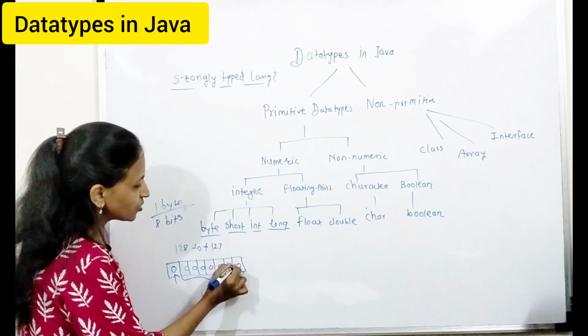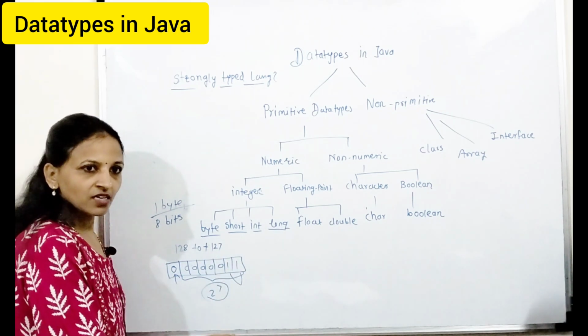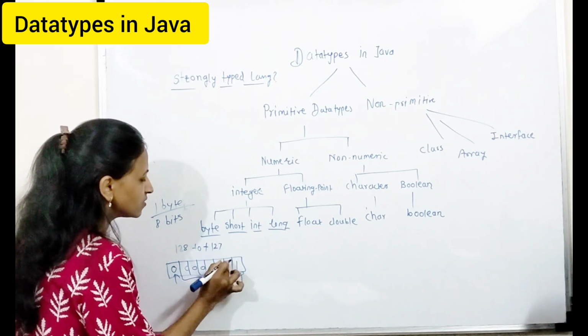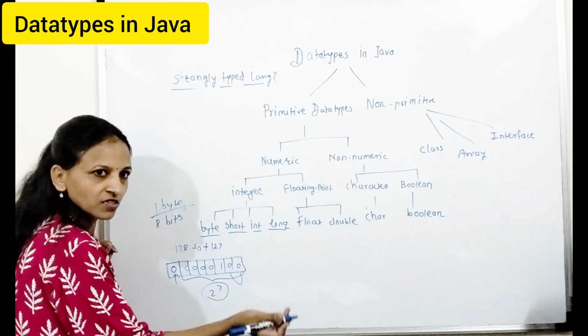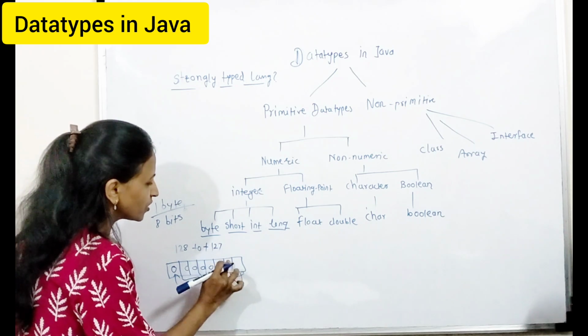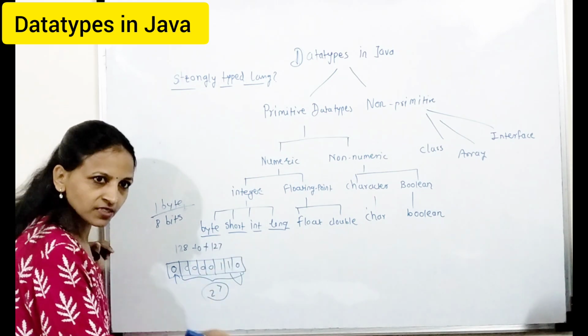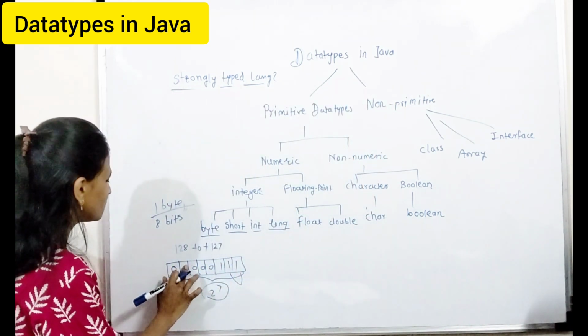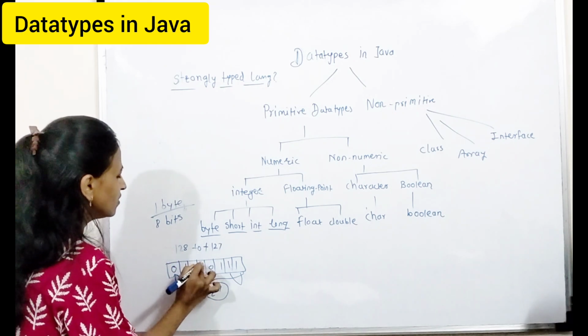If you are storing 1 here, then this one is 3. If you are storing 1 0 0, this is 4. If you are storing 1, this is 5. If you are storing 1 0, this is 6. The maximum value is 1 1 1 1 1 1 1.